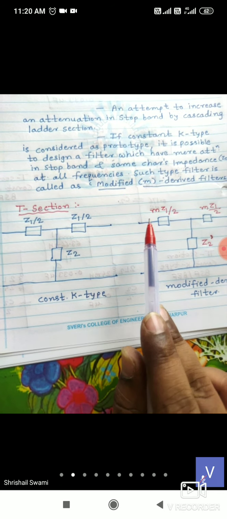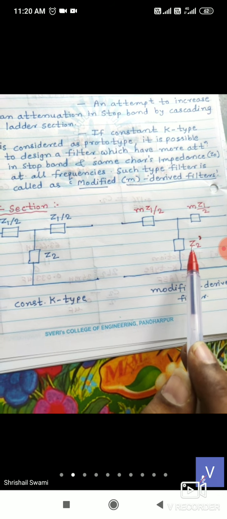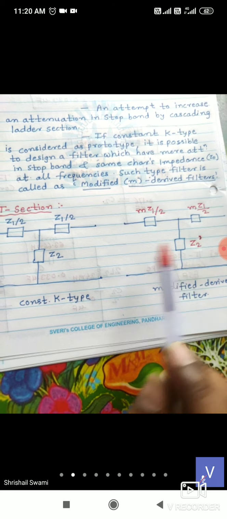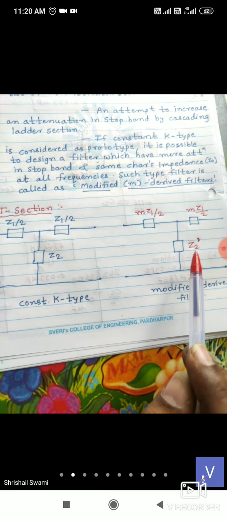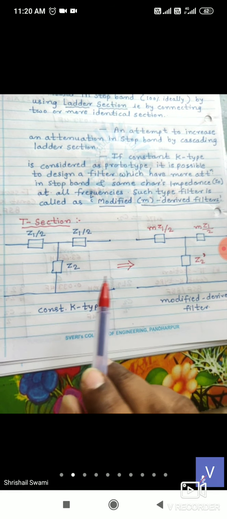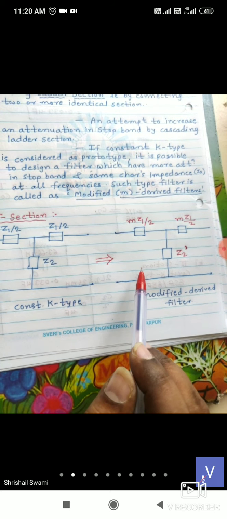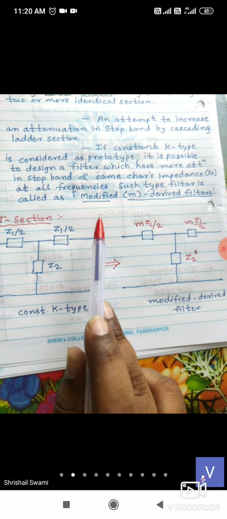Here Z1 by 2 is there, here M factor is scaling, M factor is multiplied. So Z2 will be the new impedance, Z2 dash, Z2 is replaced by Z2 dash. Okay, so this will be the modification from constant K type to M derived filter. So if such a modification will happen, then we are getting more attenuation in stop band. That is our aim. And second one, at all frequencies, the characteristic impedance Z0 remains constant.